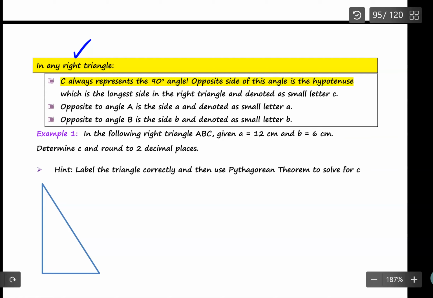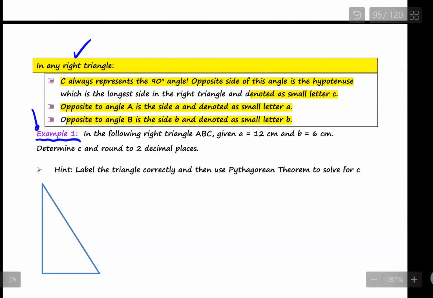The side opposite this angle is the hypotenuse, and we denote it with the small letter c. Opposite angle A is side a, denoted as small letter a. Opposite angle B is side b, denoted as small letter b. So, example 1.